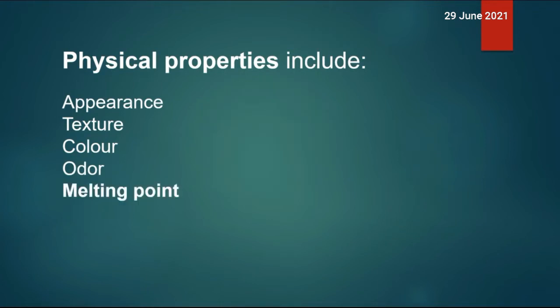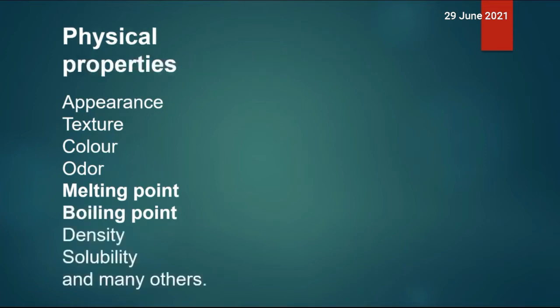Odor means smell of this element. And what do you mean by melting point? At what temperature an element melts, or a boiling point, or its density. How well it can dissolve in different liquids and many more. All this comes under physical properties.